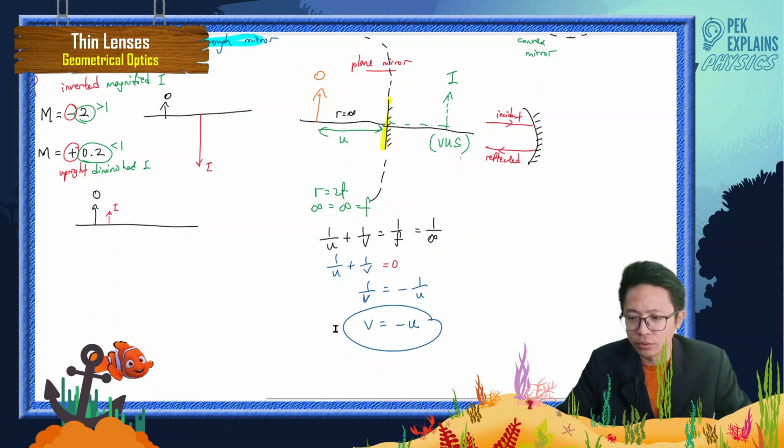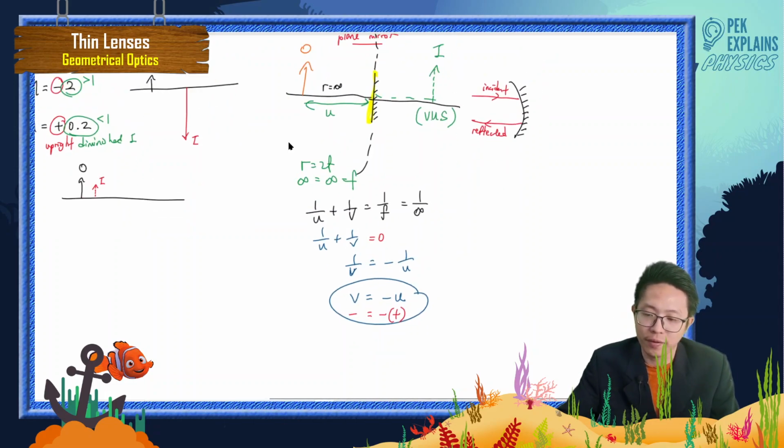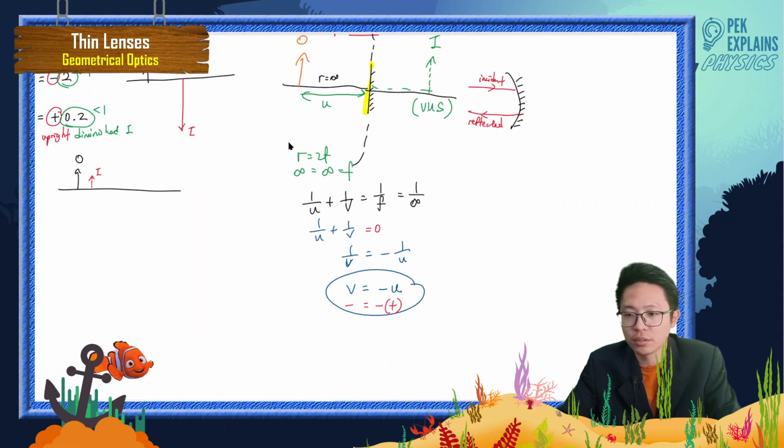Because v equals negative u. So when u is positive, the object is a real object. That's why v is negative, and that's why you get a virtual image.